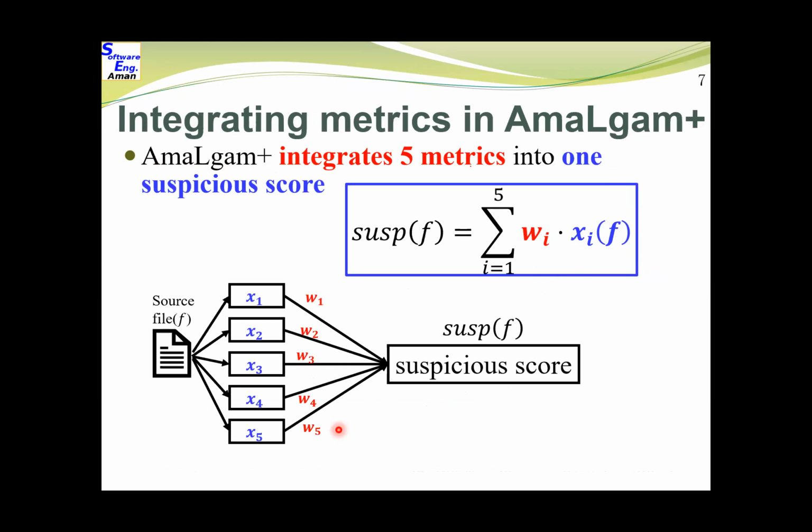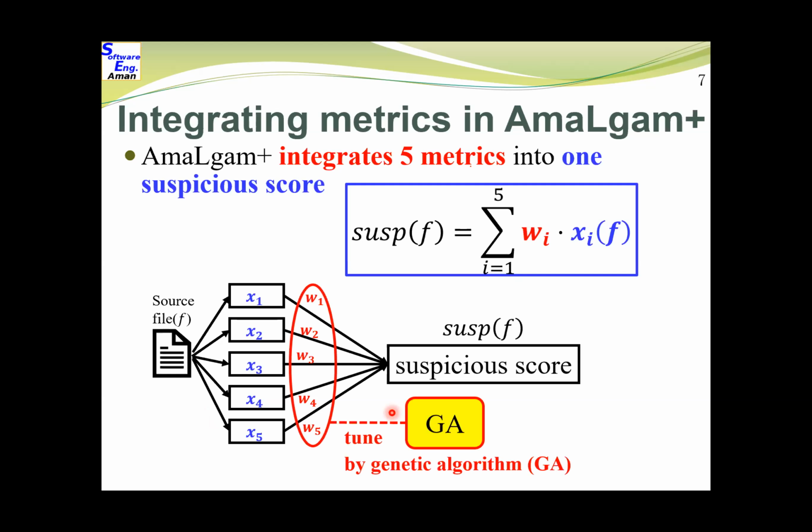The image shows the integration of metrics. A source file has 5 metrics, each weight is tuned by genetic algorithms, and they are integrated into a suspicious score.